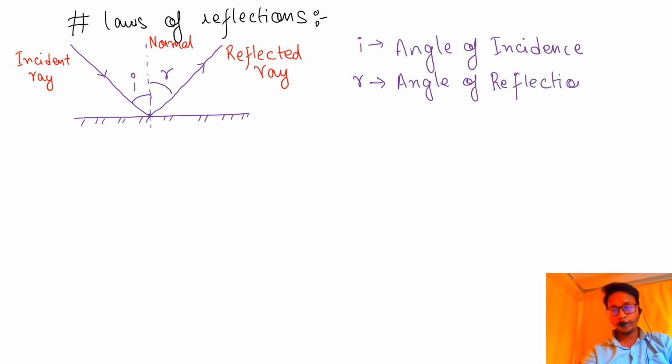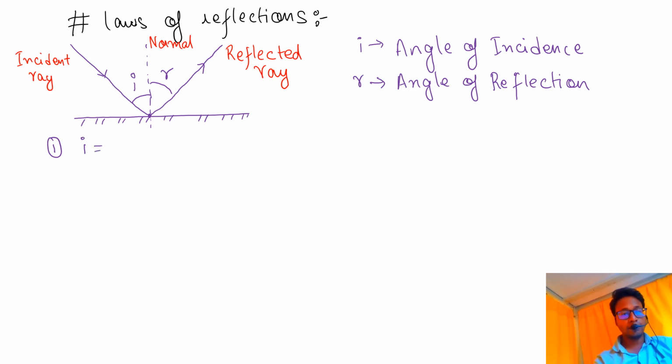Angle of reflection. Now there are two basic primary laws regarding ray optics. The first primary law is that the angle of incidence is equal to the angle of reflection. That means this angle is equal to this angle.